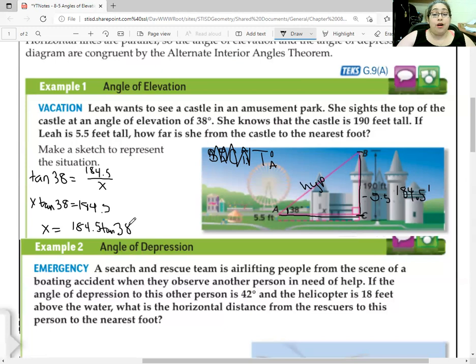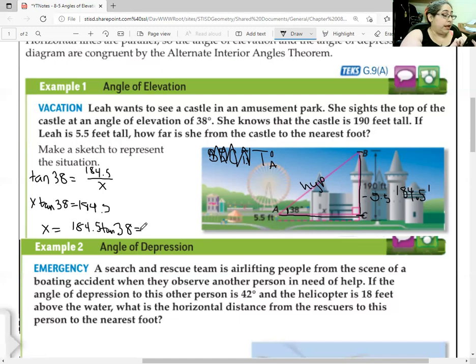I'm going to put all of that in my calculator, and I'm going to use my phone for my calculator because I don't remember where my class calculator ran off to. All right, in my calculator, hello, phone, there we go. I'm typing in 184.5, then I'm going to push the tangent button, and then I'm going to type 38.